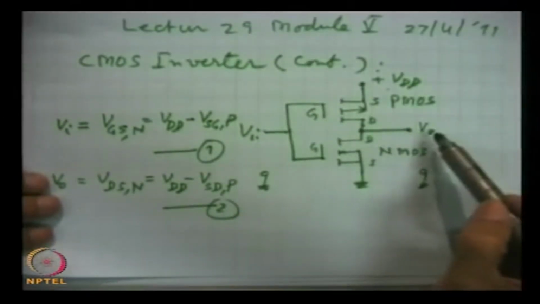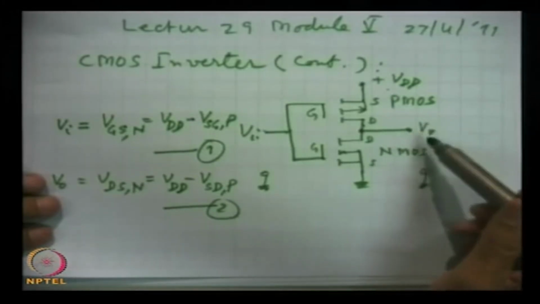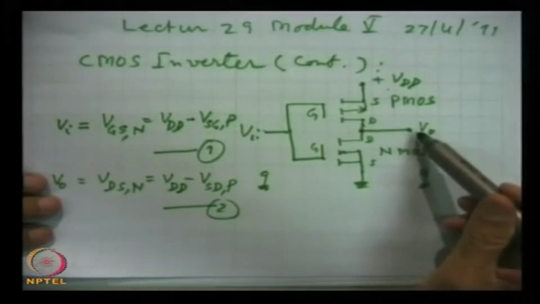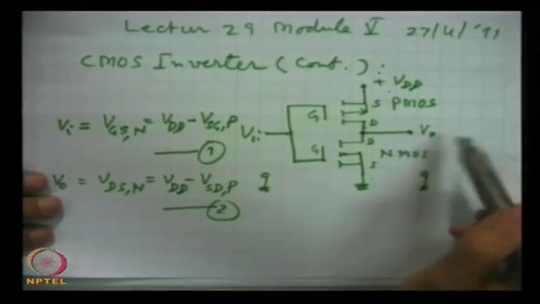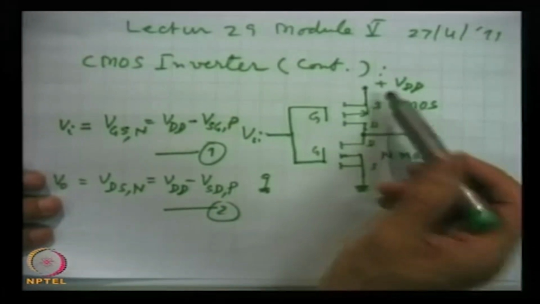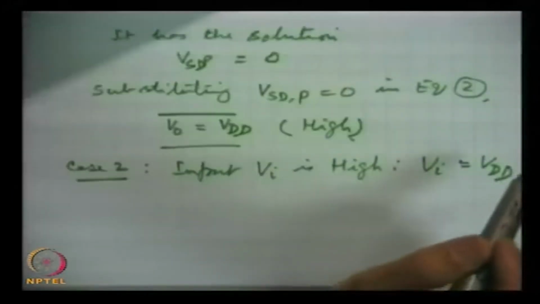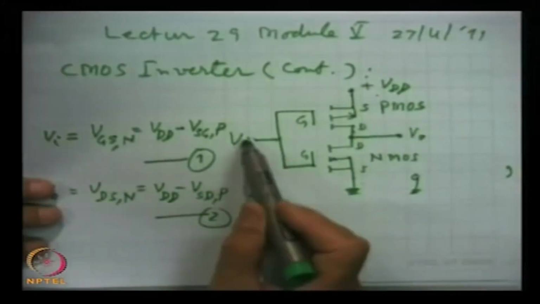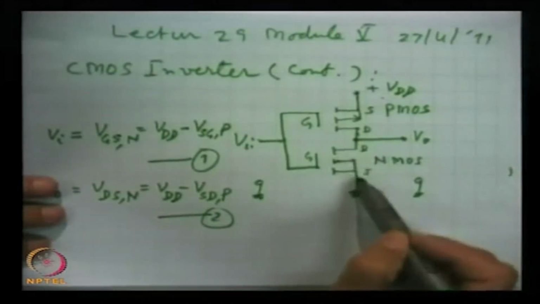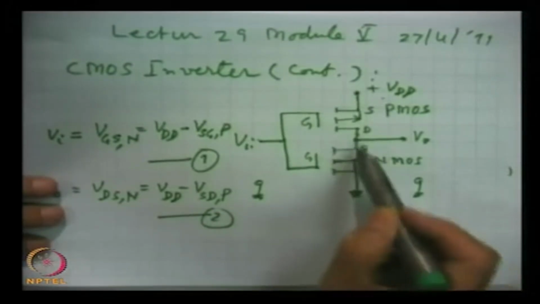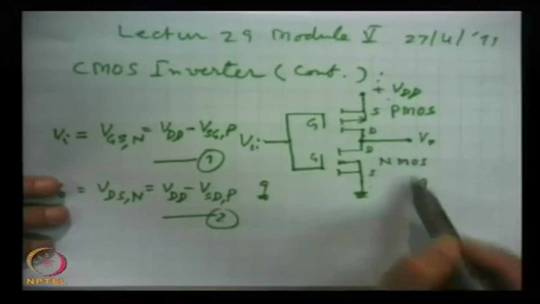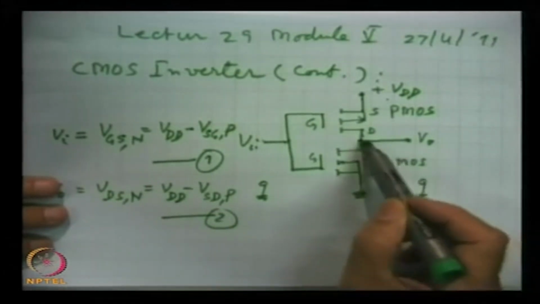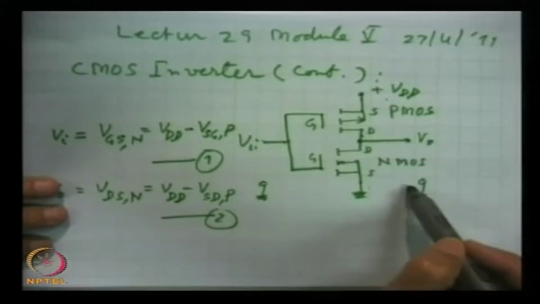So, what is the voltage which you expect at output, because this is conducting and this is off. So, obviously V0 has to be equal to VDD, and this is what we are getting. Similarly, in this case, when input is high, this will be conducting, very low impedance. So, then this output, once it is conducting, will be very close to 0, and this is what we are going to have.